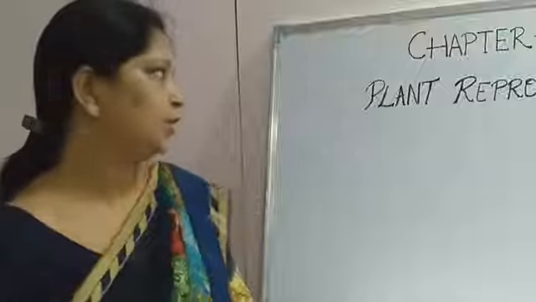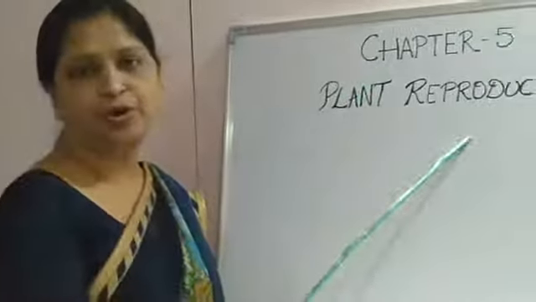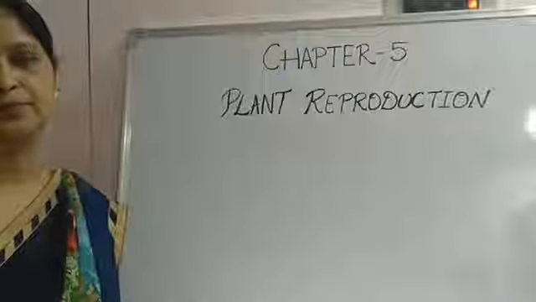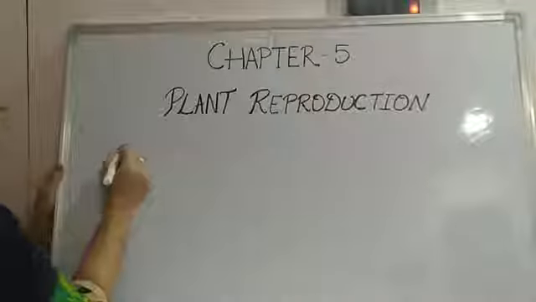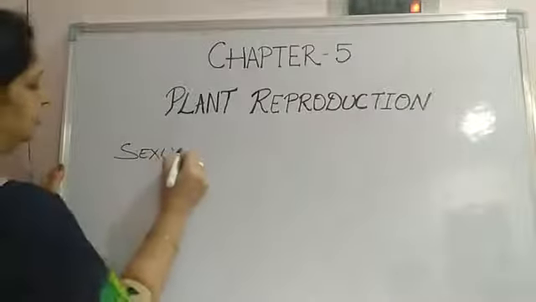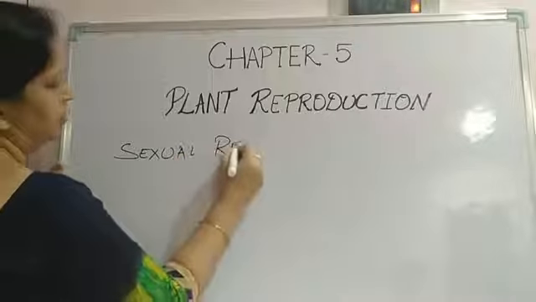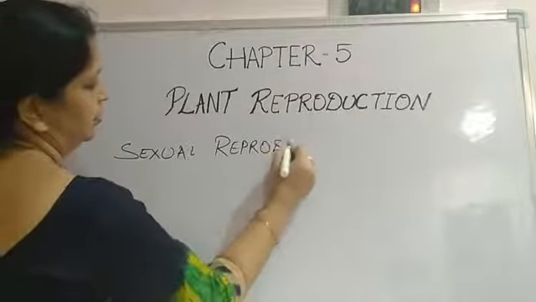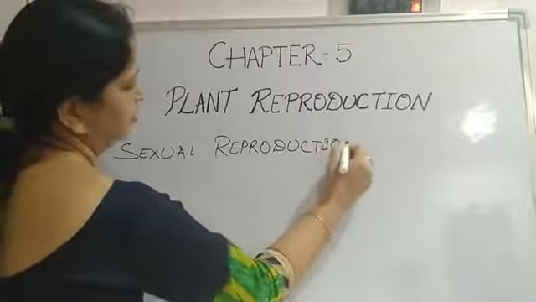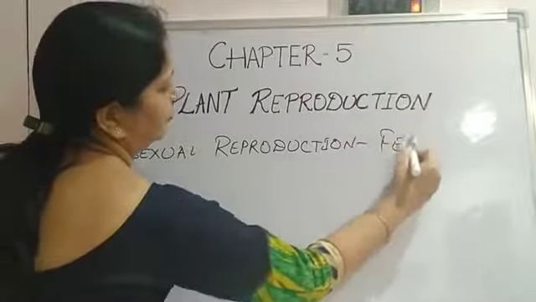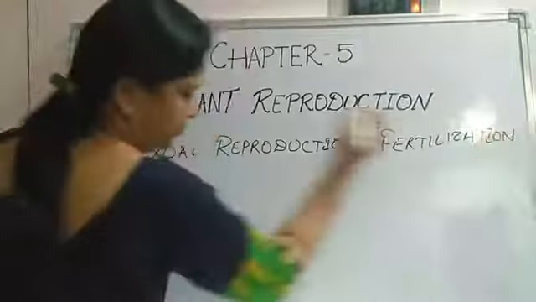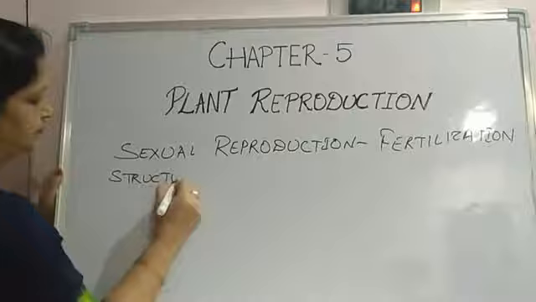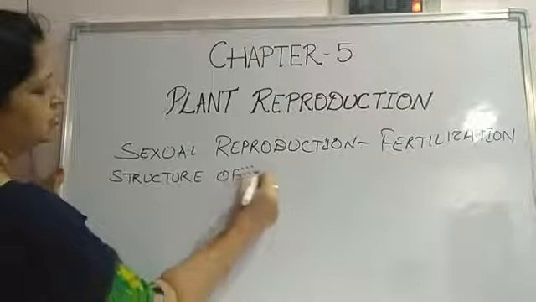Today I am going to explain to you chapter 5, plant reproduction. In this chapter I am going to explain to you about sexual reproduction, that is fertilization, and structure of seed.